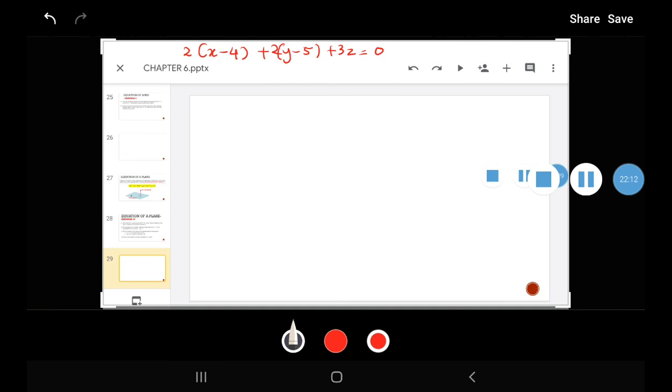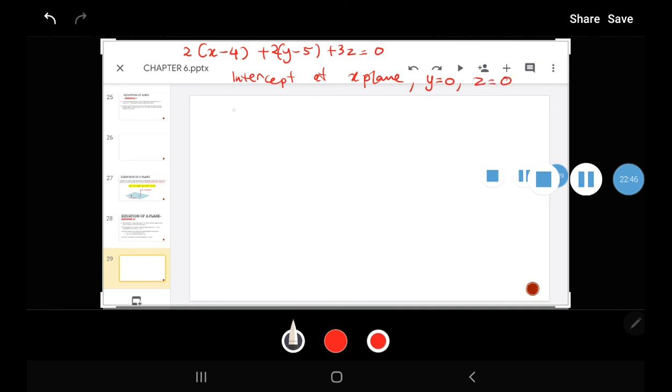When the question does not state which plane you should intercept, you should do all three interceptions of the x, y and z planes. So for example, if you intercept at x plane, y should be 0 and z also should be 0.